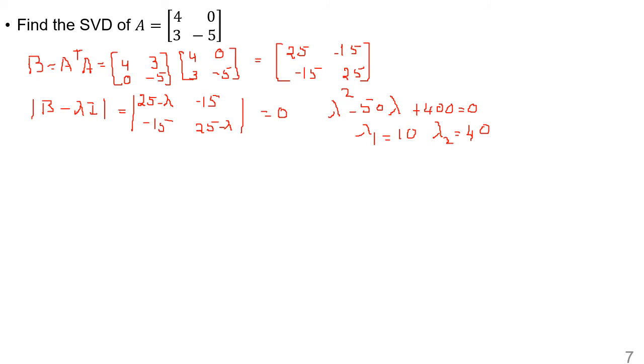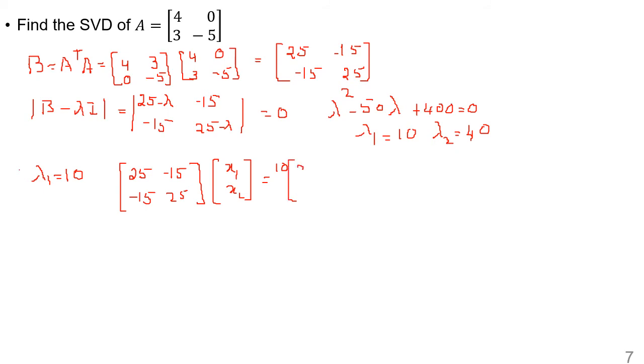Now, in order to find V matrix, we need to find out the eigenvectors corresponding to lambda 1 equal to 10 and lambda 2 equal to 40. So we have here 25, minus 15, minus 15, 25 multiplied by x1, x2 is equal to 10 times x1, x2.